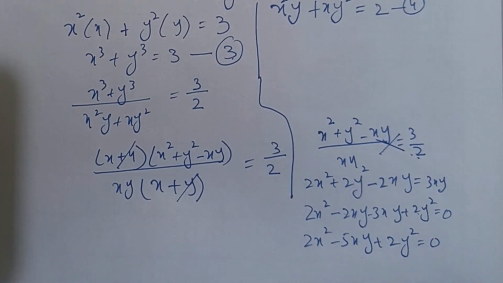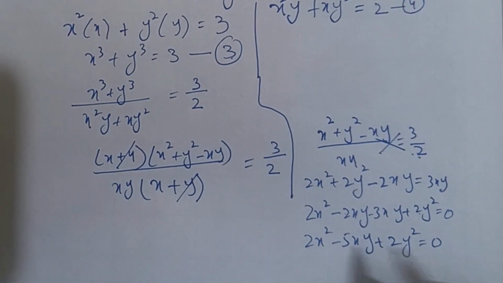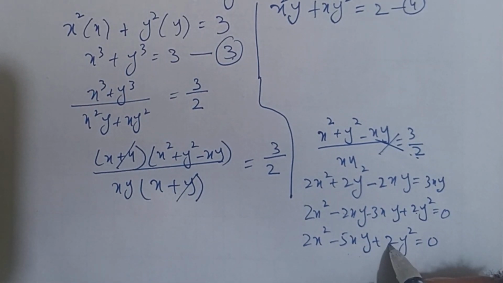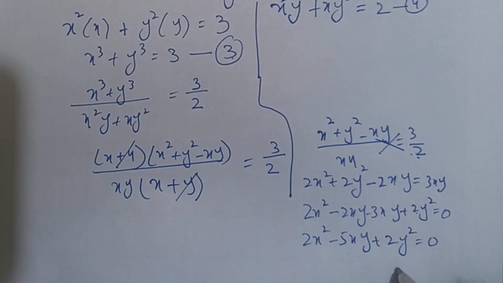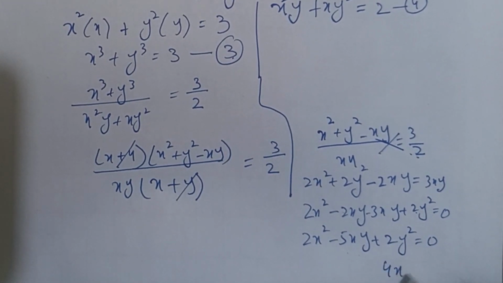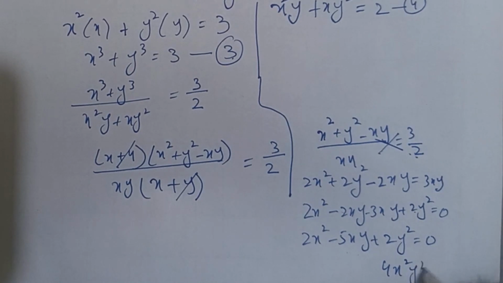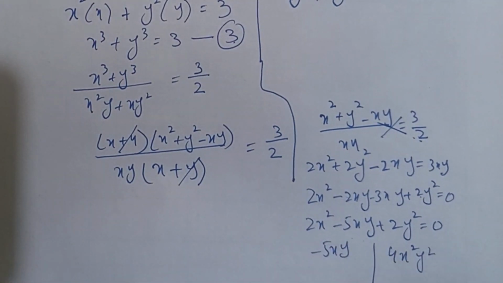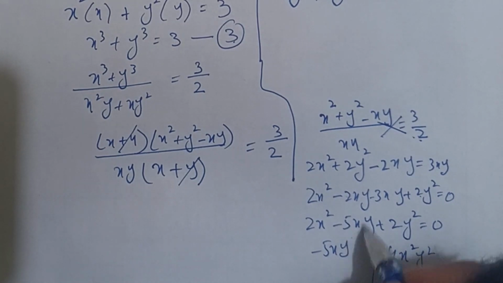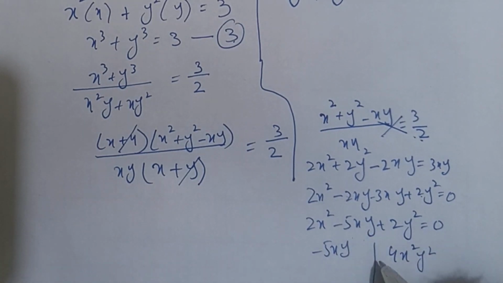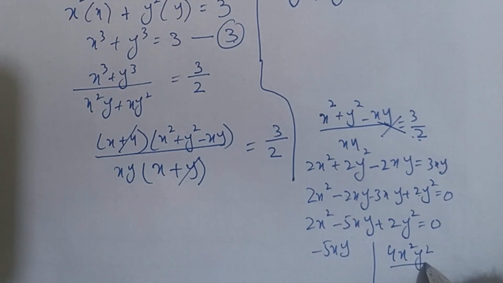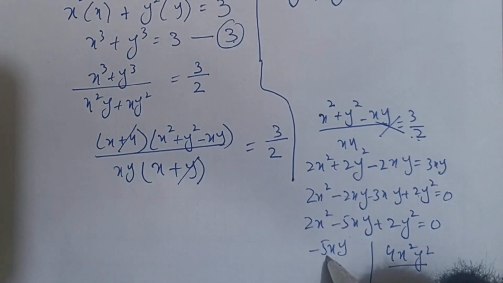Now this is our quadratic equation and we factorize it. Our middle value is minus 5, and if we multiply our first and last terms, then we get 4x square y square, and our middle value is minus 5xy. So we break our middle value, minus 5xy, into two values, so that if we multiply these two numbers we get this, and if we add then we get minus 5xy.